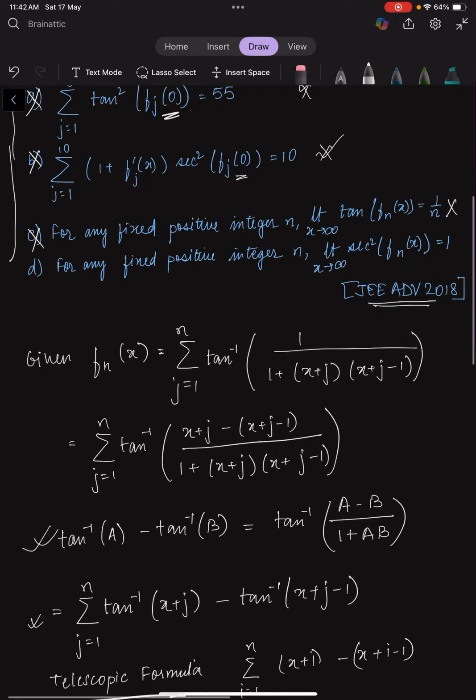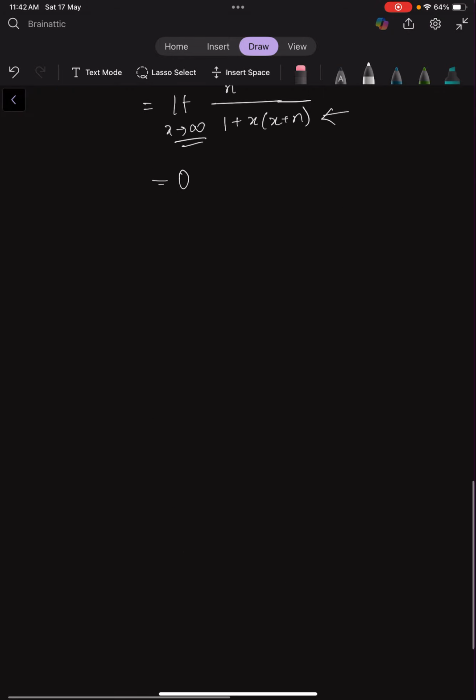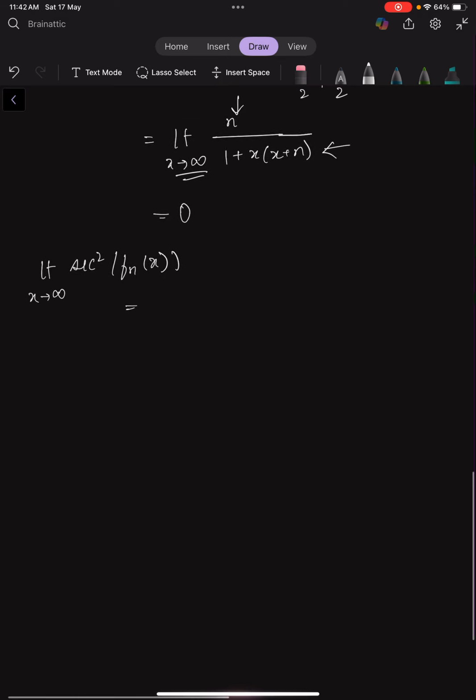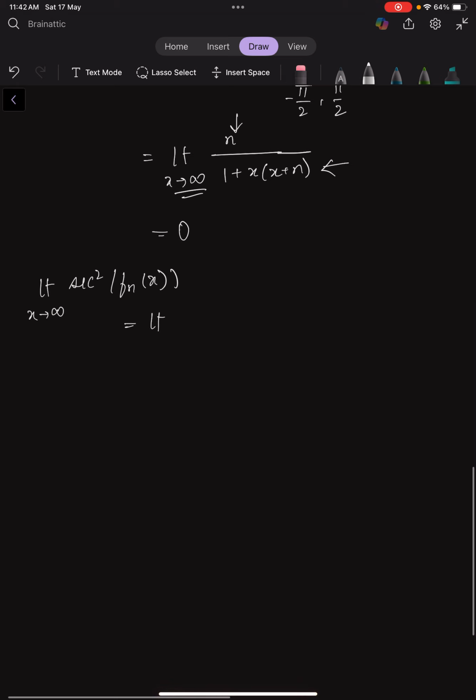Now we have to check for option D. In option D what we are given is the limit as x tends to infinity of secant square f n of x. Okay, now again a hint of trigonometry is what we are going to use. So this problem is both dependent on differentiability concepts as well as trigonometry. So here we see 1 plus tan square f n of x.